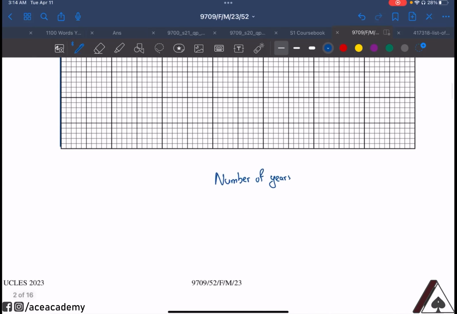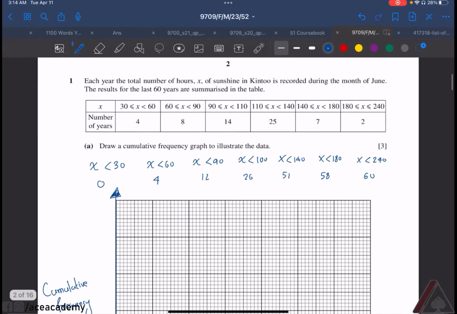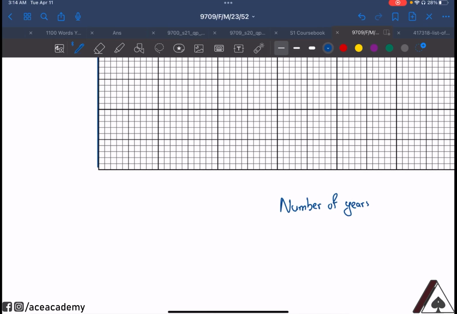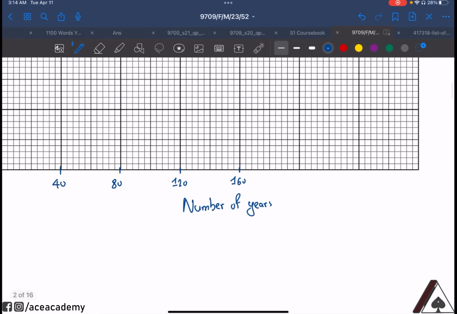Now let's draw the scales. So it's saying 30 till 240. Okay. So it's probably going to be 40, 80, 120, 160, 180, 200, and finally 240.